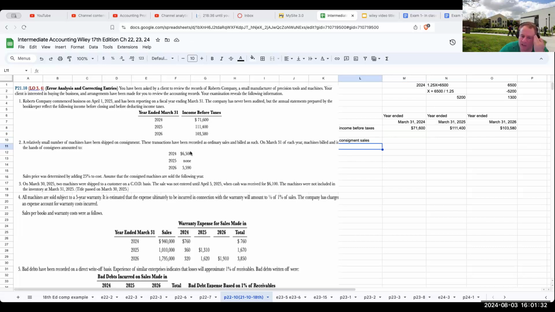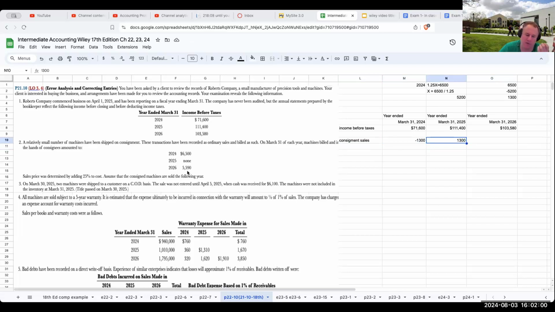If this was not sold until the following year, then we need to remove 1,300 related to the consignment sales for 2024. There were no consignment sales the following year, but assuming that the 6,500 was sold the following year per the hypothetical, we would be adding in over here 1,300.